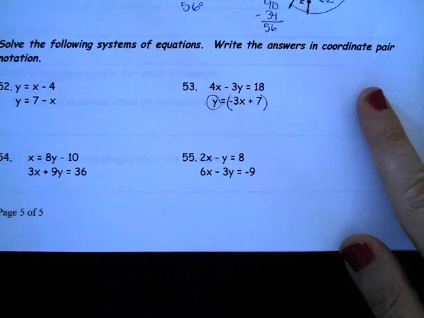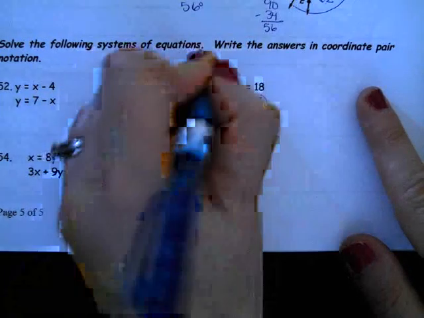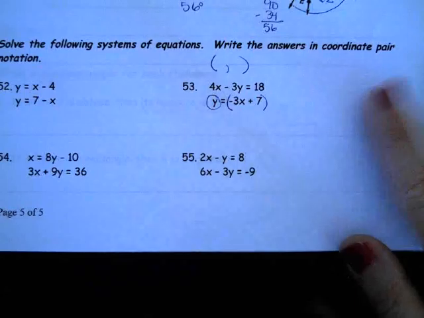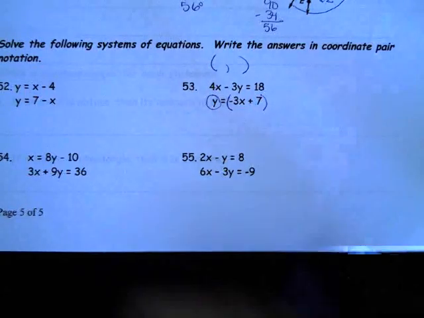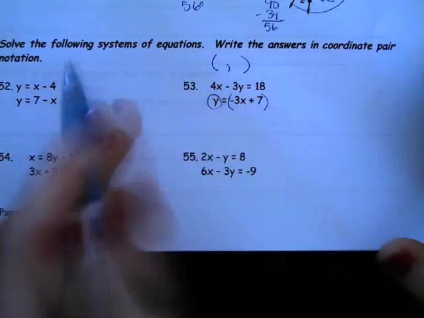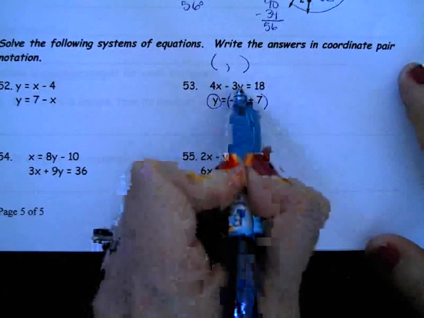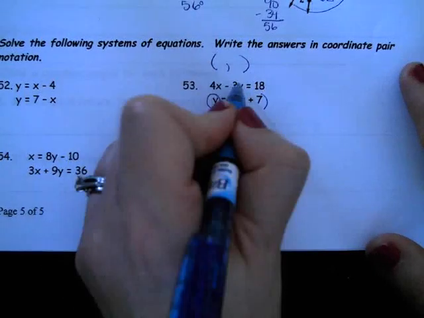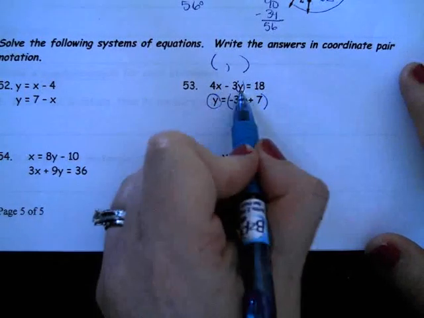And when you solve a system, remember you want an ordered pair answer, x comma y. So we're looking for those values. And in order to do so, you need an equation that has all one variable in it. So what we're going to do is, since y is what I'm going to replace, instead of putting y in this top equation, I'm going to rewrite that.